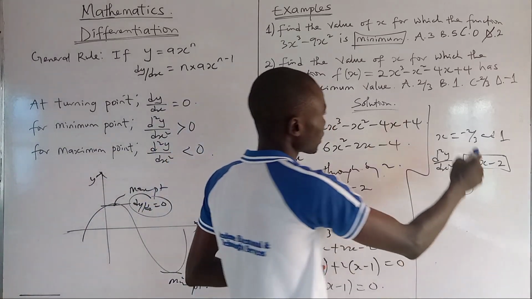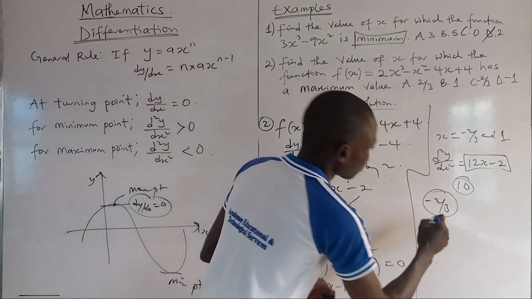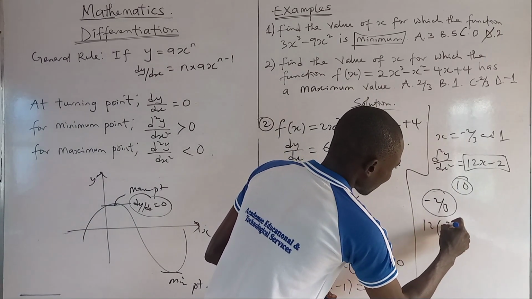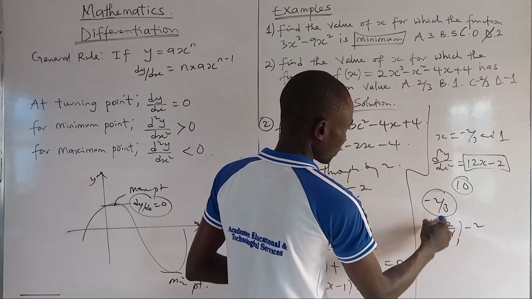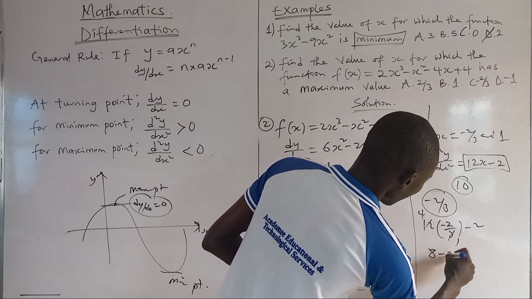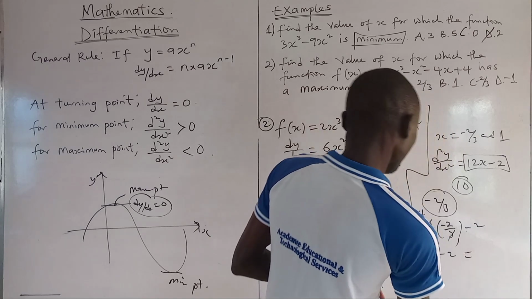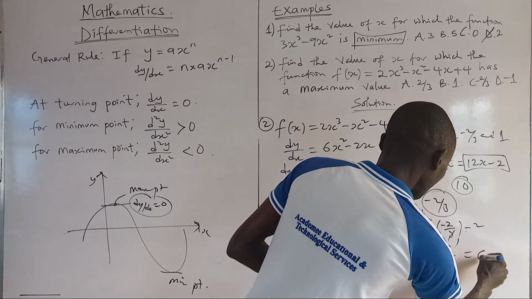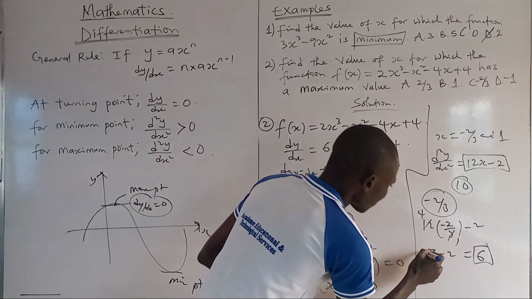So let's test for minus 2 over 3. If we use minus 2 over 3, 12 times minus 2 over 3, minus 2. So 3 goes into 12 four times, and 4 times minus 2 is minus 8.